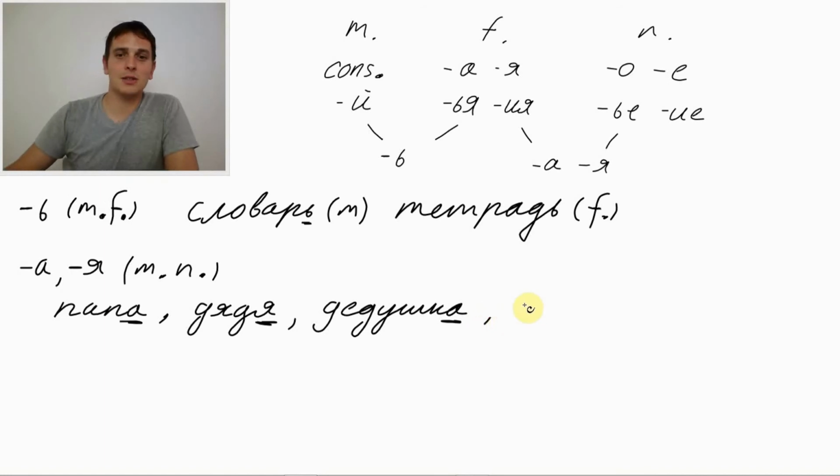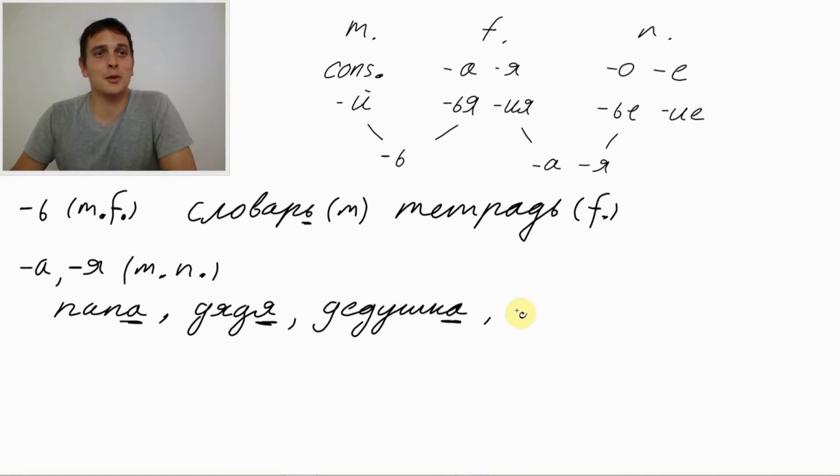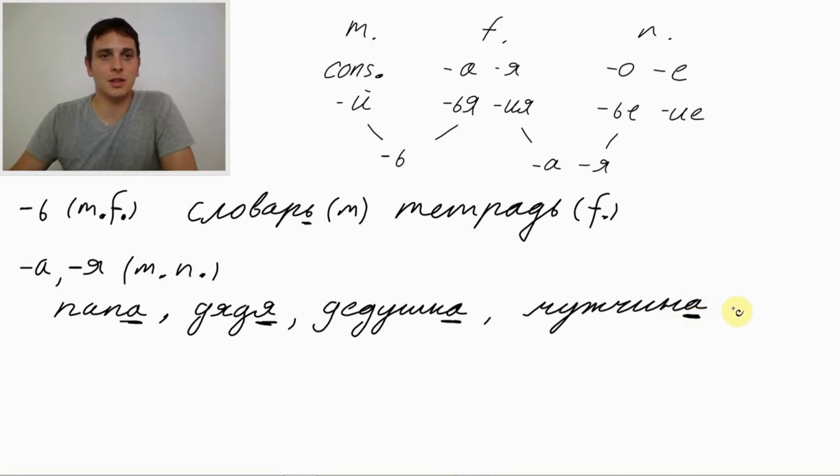And the last one, which will be easy, мужчина. Мужчина is male, man, and man can only be of a male gender. Мужчина ends in a, female ending, however, clearly male. So all of these words are of the masculine gender.